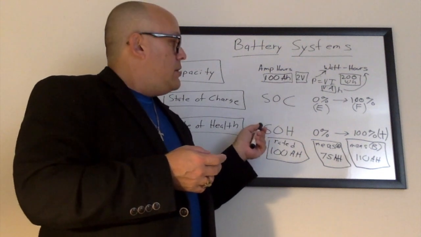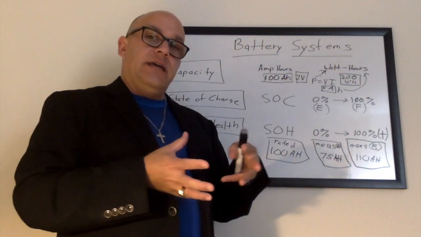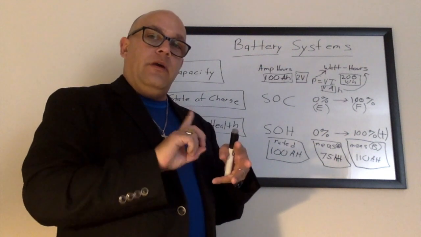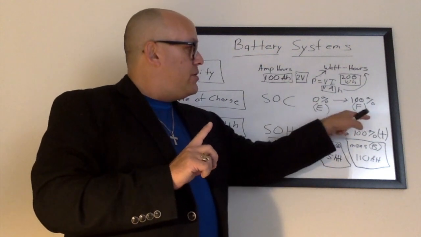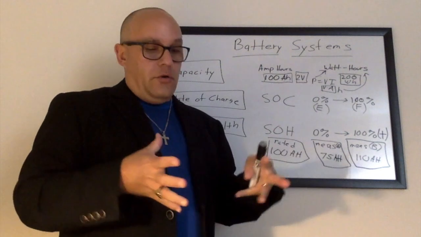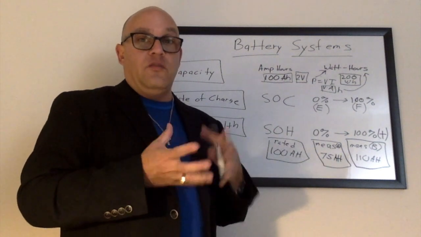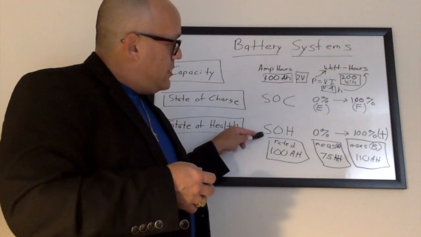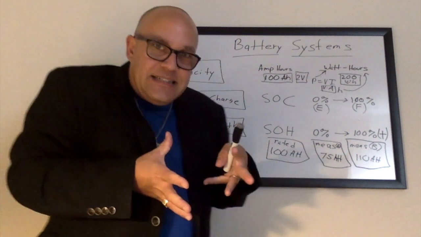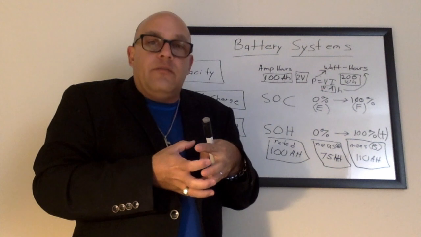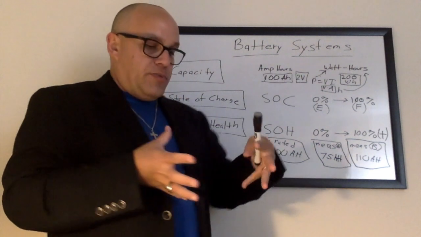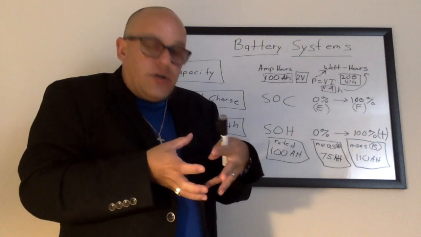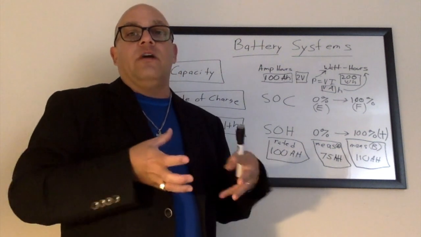But as your gas tank shrinks, you still have a full or empty, which swings between 100% and 0%, even though the gas tank is shrinking. It's just a percentage of the gas tank at its particular size. So state of health tells us the gas tank size as it shrinks as the battery gets old. State of charge is the percentage of gasoline, as it were, or electrons within the tank, no matter what the size of the tank is.